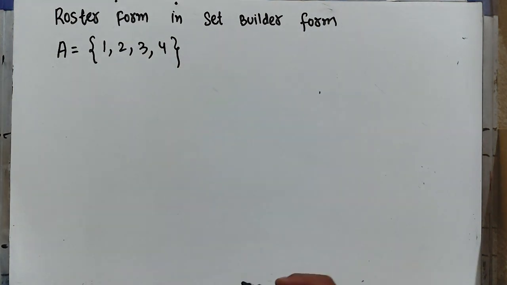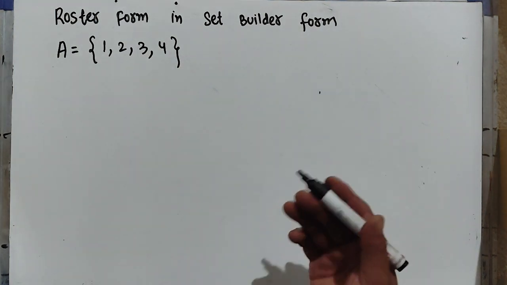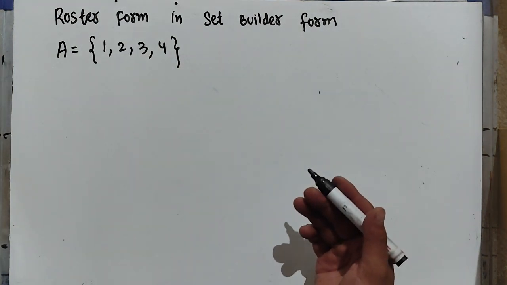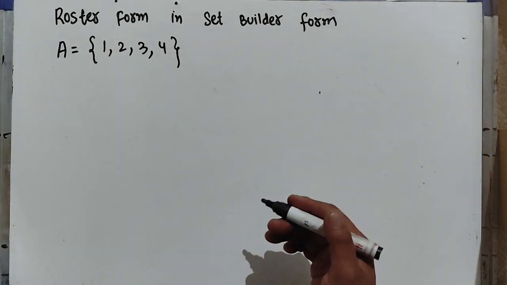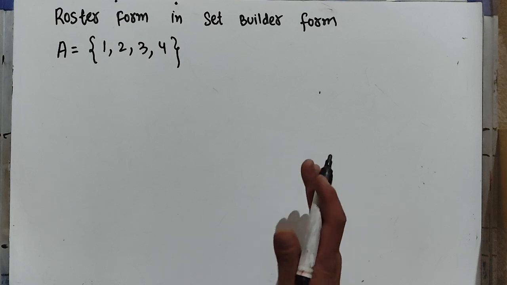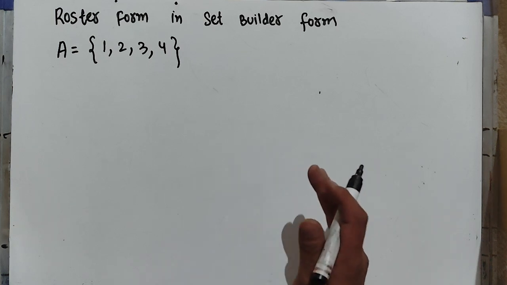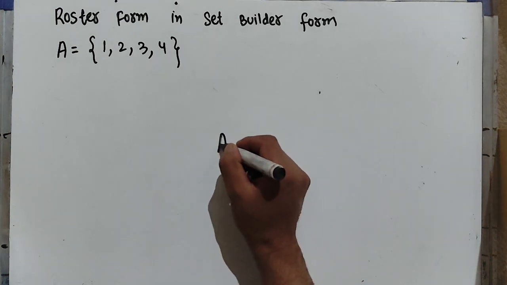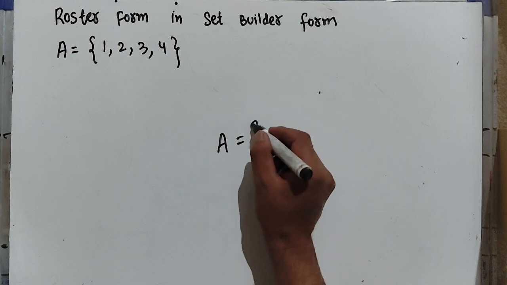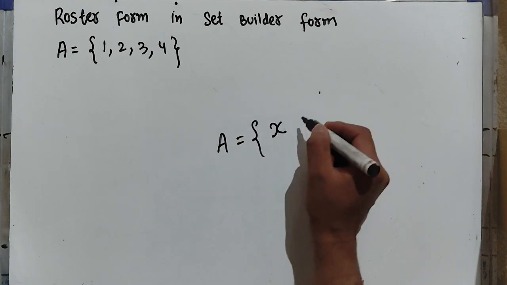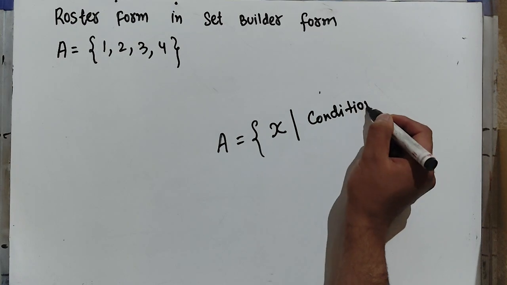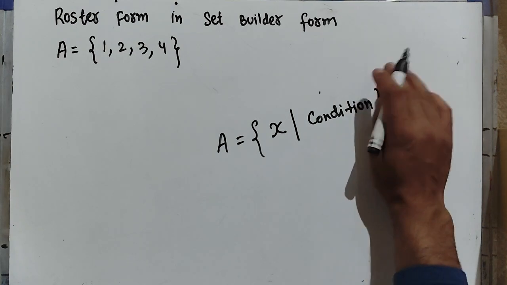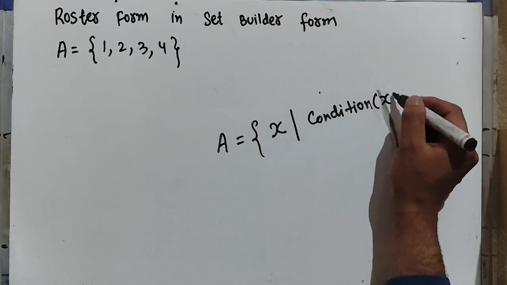Now we need to convert this into set builder form. So what is a set builder form? In set builder form, we describe a set by specifying the properties that its members must satisfy. Let us suppose we have a set A, and I will explain all the things here. Let me write it like this.